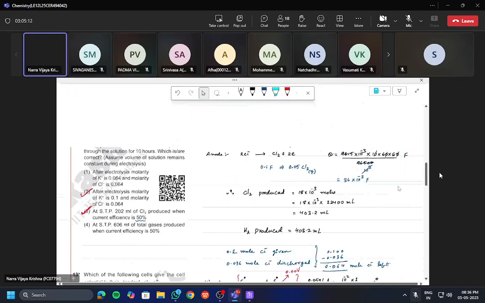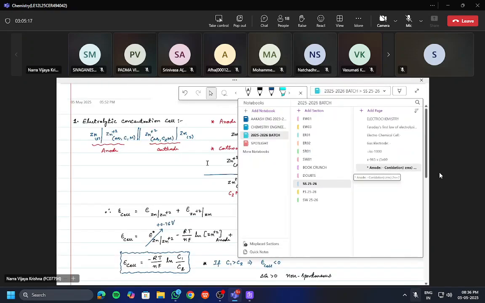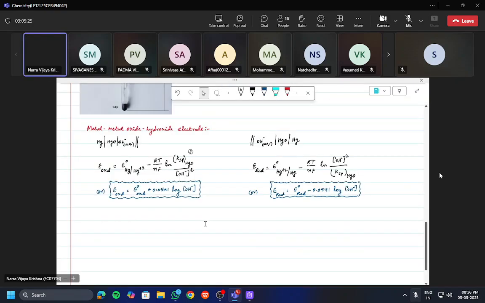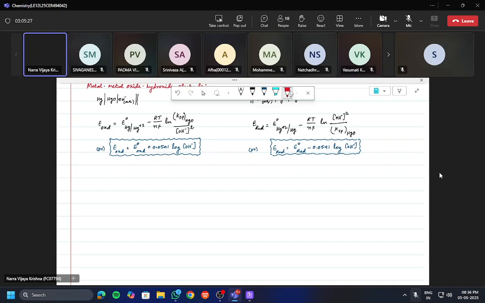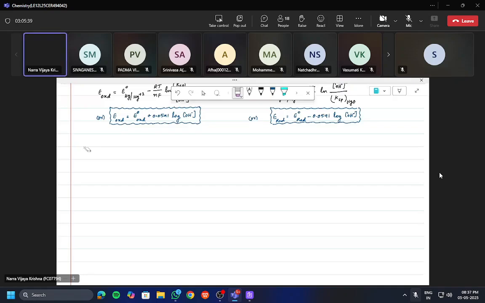We are discussing so many numericals. This is concentration cells now. After this, I will discuss that. So here, I will not forget this. I will take redox electrode. What type of cell is this? Third type or fourth type? Fourth type. Redox electrode. We will discuss this in the next class.